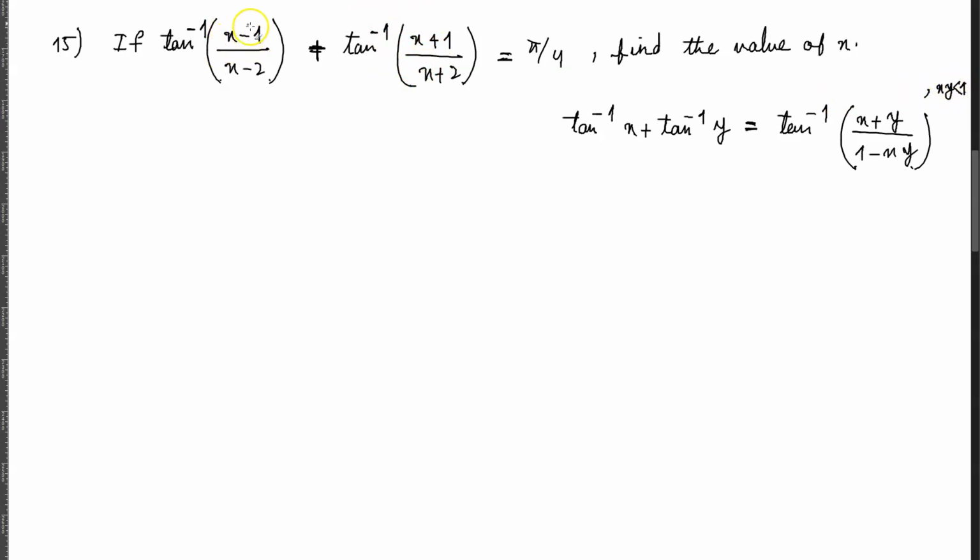That meaning that if I multiply (x minus 1) over (x minus 2) by (x plus 1) over (x plus 2), and this thing is less than 1, then I can use this formula, otherwise I cannot use it.